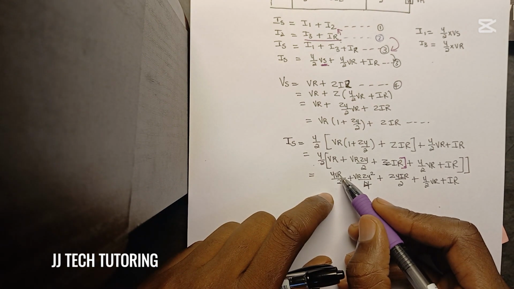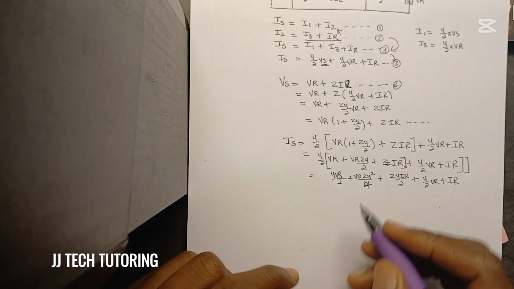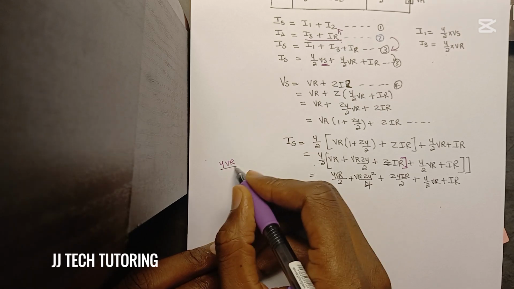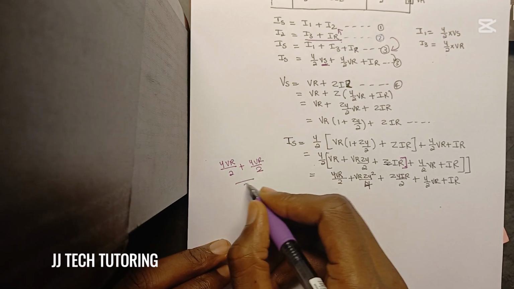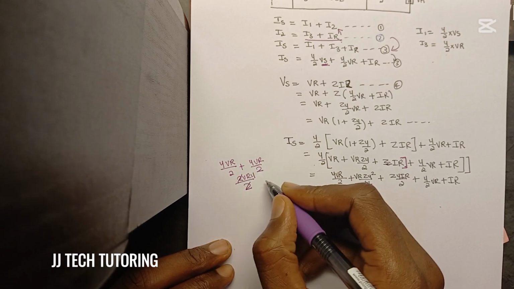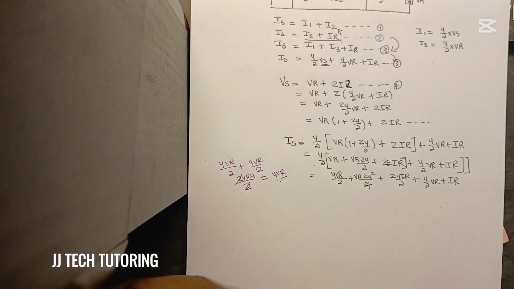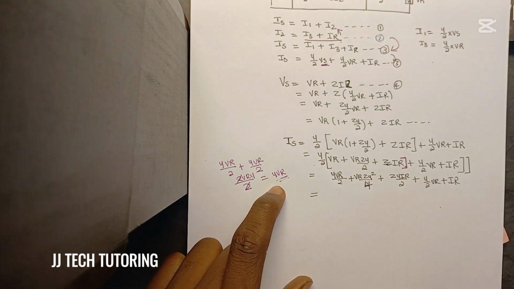So this one is more like this one. So it's YVR over 2 plus YVR over 2, then 2 VRY, so it's just going to be YVR. These ones are eliminated into YVR.